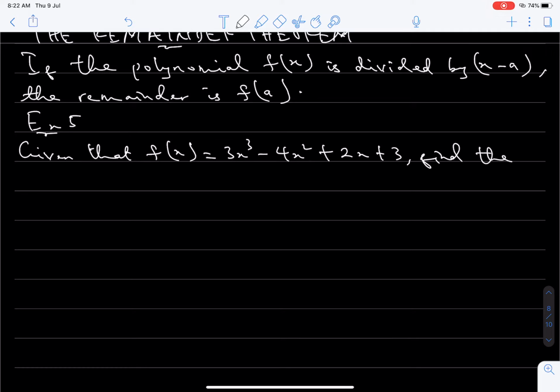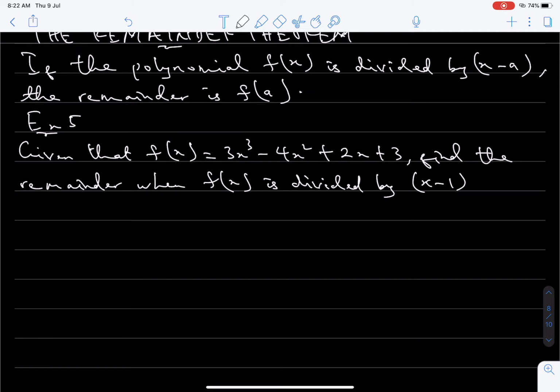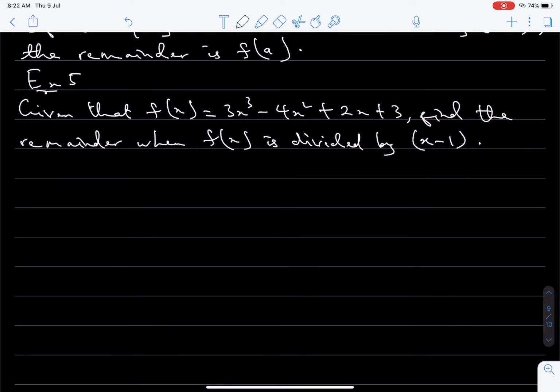Find the remainder when f of x is divided by x minus 1.